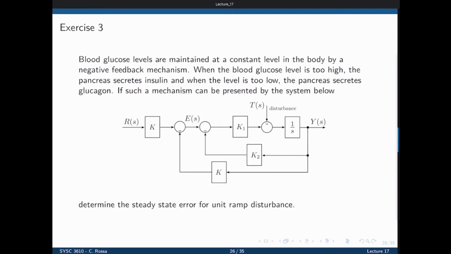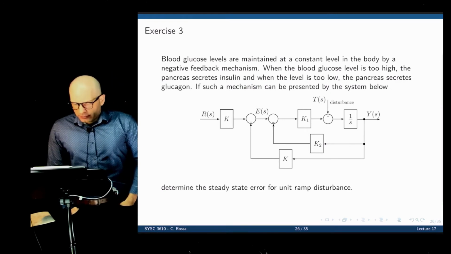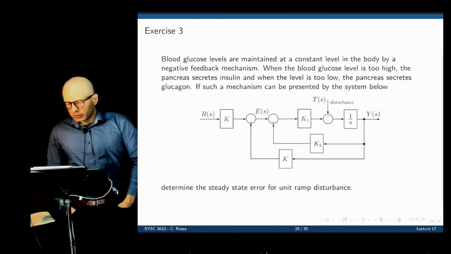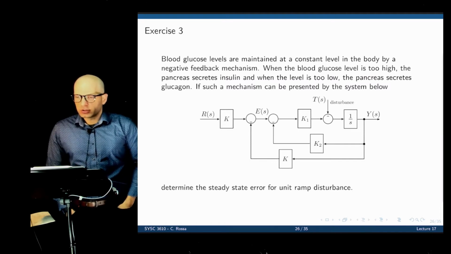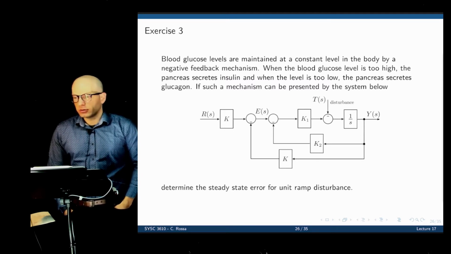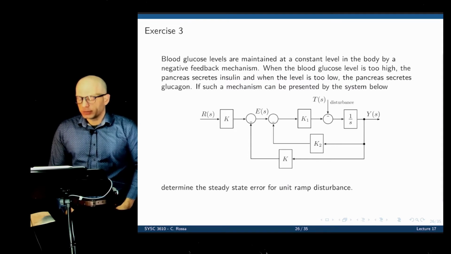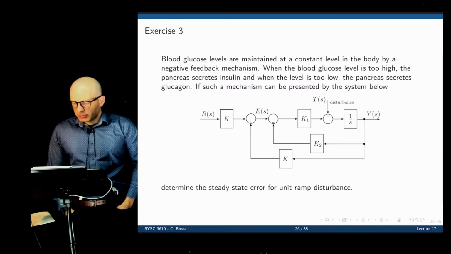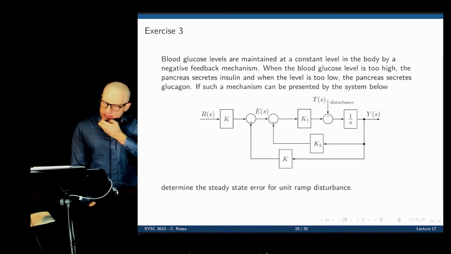Let's assume that that is represented by a block diagram such as this one.